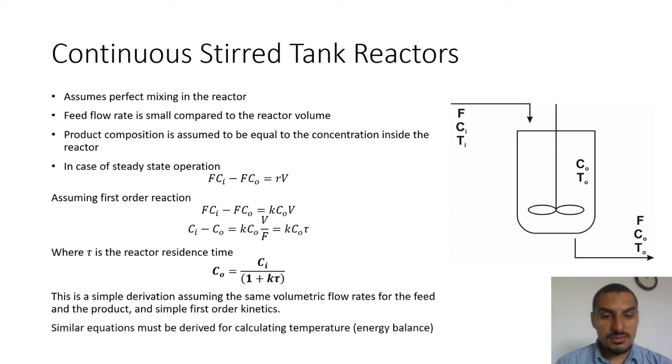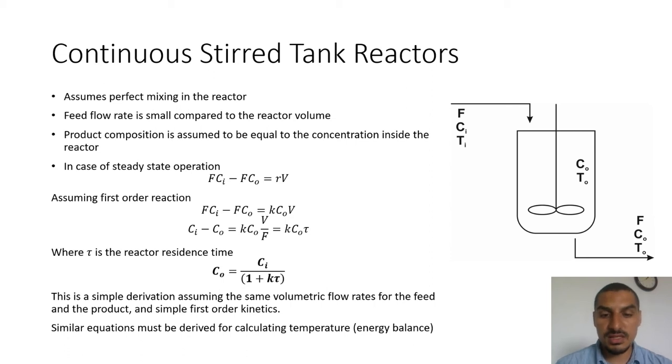The second type of reactors, oh, I'm sorry, I missed a point. One more thing that we need to do is the energy balance equations. This is one thing that makes kinetic reactors tough to deal with and require some work in computational calculations.